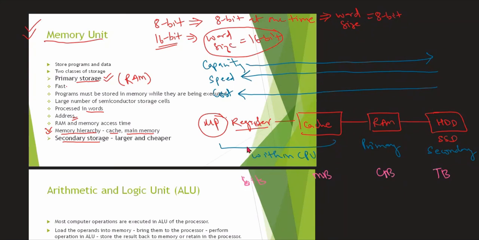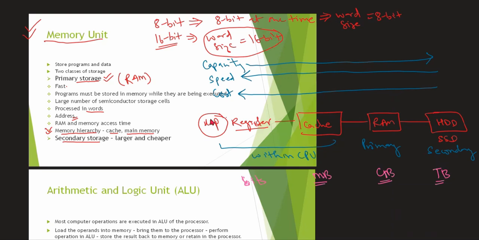Registers are generally 64-bit or 32-bit registers. So capacity-wise, higher capacity is this one, then lower, and further lower. Capacity is lowest in registers, but speed and cost are very high for registers.